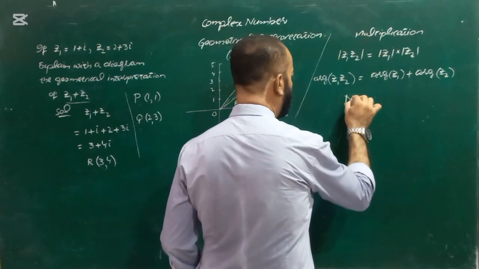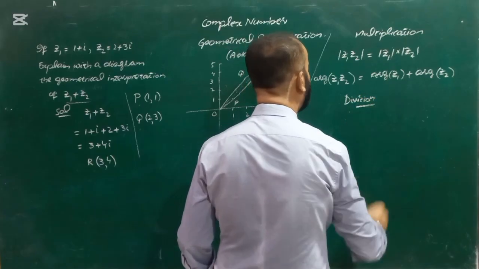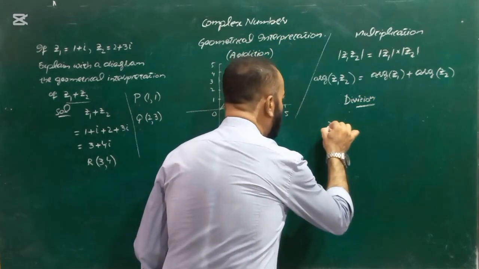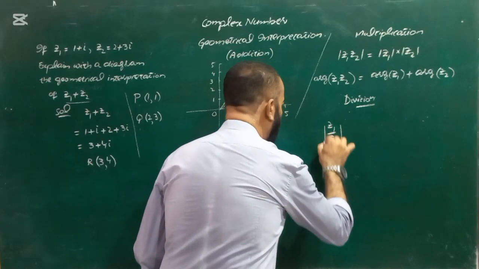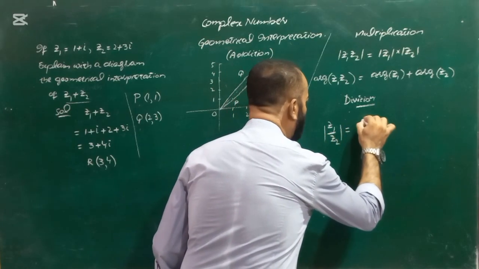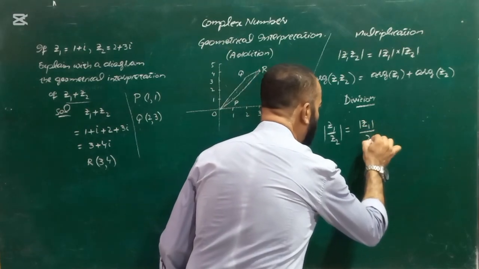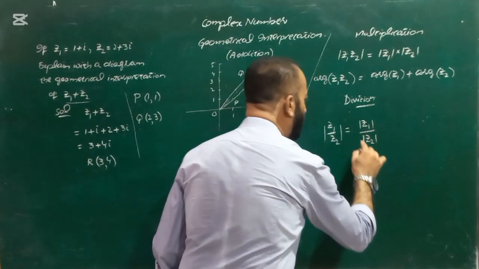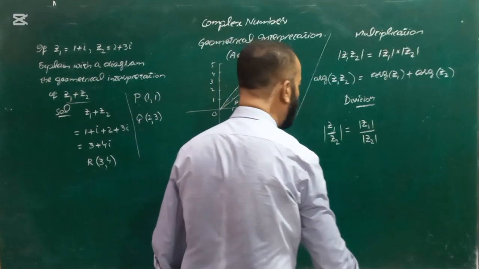Now division. So if two complex numbers are dividing with each other and their mod is there, so mod will be distributed separately. So we have to take the magnitude independently, separately, and then divide them.